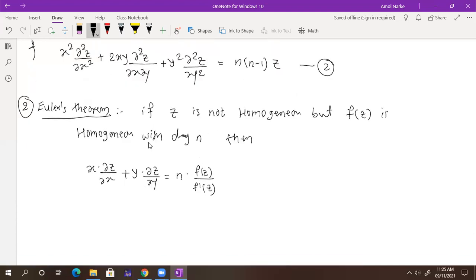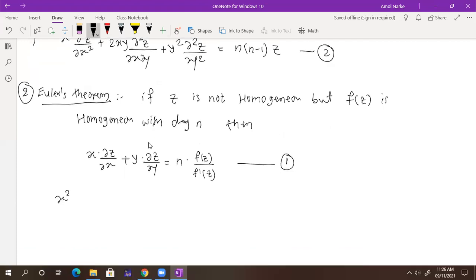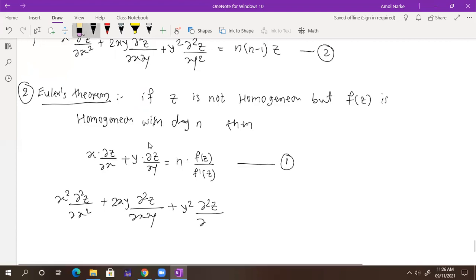This is the first one, and the second one similarly: x square into ∂²z/∂x² plus 2xy into ∂²z/∂x∂y plus y square into ∂²z/∂y² is equal to g of u into the bracket g dash of u minus 1.